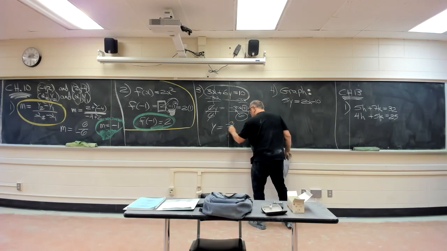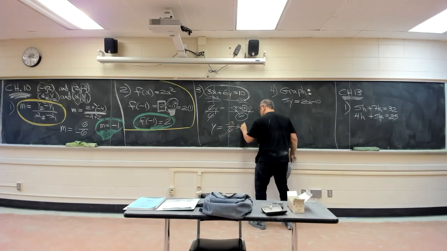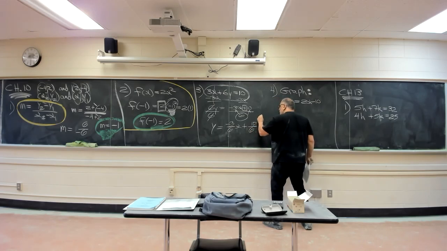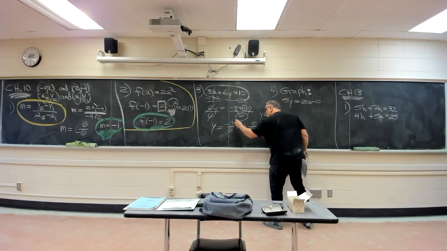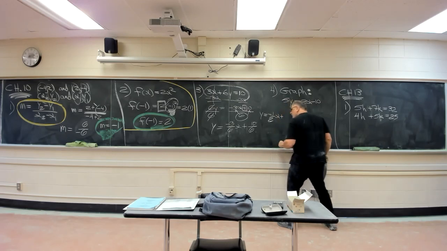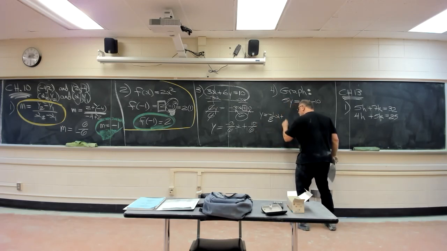It's negative 3 over 6 times x. It's 10 over 6. 10 over 6 reduces to 5 over 3. And negative 3 over 6 is negative a half x. And 2 times 5 is 10. 2 times 3 is 6. The 2's cancel.